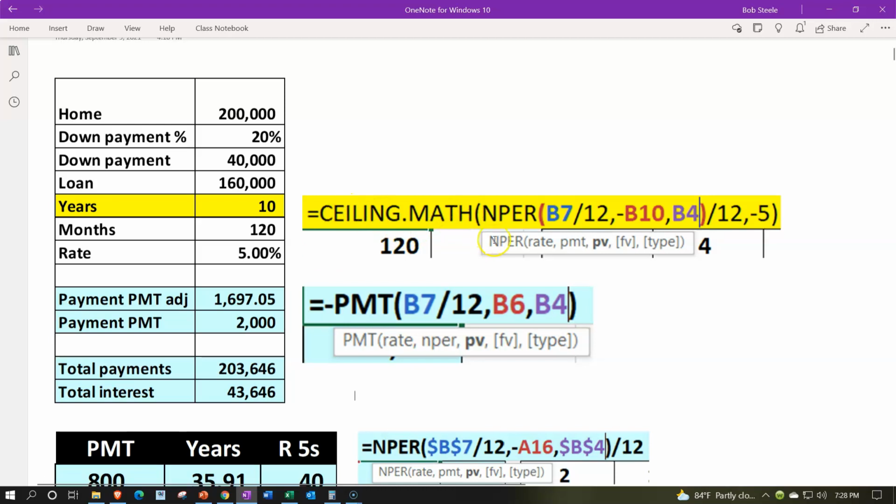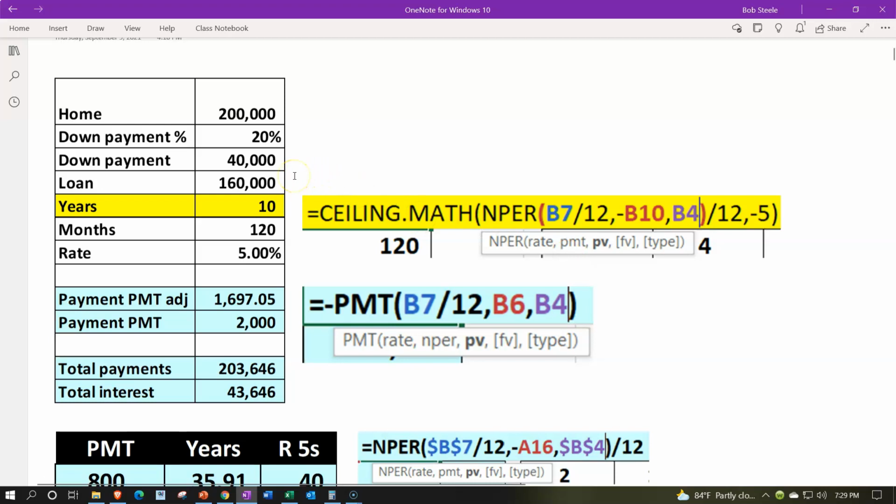Pretend this whole first part wasn't there. If I just said equals NPER to get the number of periods, it would be the rate, which would be that 5%. We would divide it by 12 to get the monthly rate, comma, the payment amount, which needs to be negative, so make sure you put a negative in this one, and picking up the payment, which is going to be the $2,000 that we have in the second payment that we would have hard-coded in there, comma, then the present value is going to give us the loan amount.